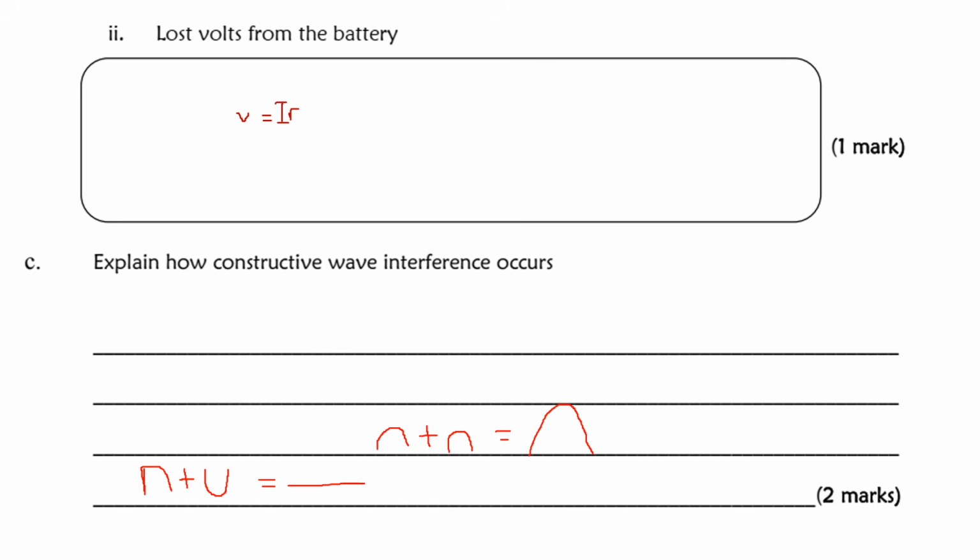Take note, we are looking at the current passing through the circuit, which is the same as the current drawn from the cell, the battery, multiplied by the internal resistance r. So v is equal to Ir.